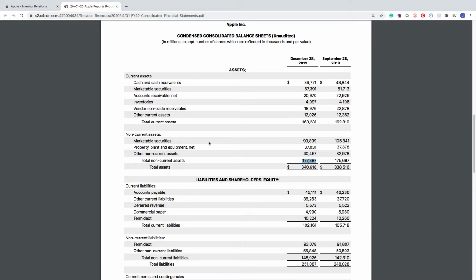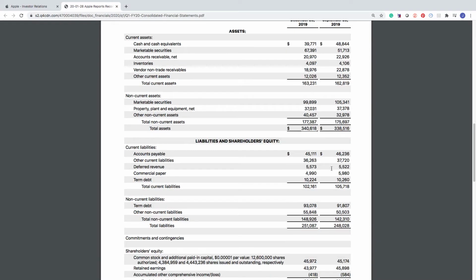Now, combining the total non-current assets and the total current assets gives us a picture of the value of the total assets that Apple has, which for the period ending December 2019 was a huge $340 billion.